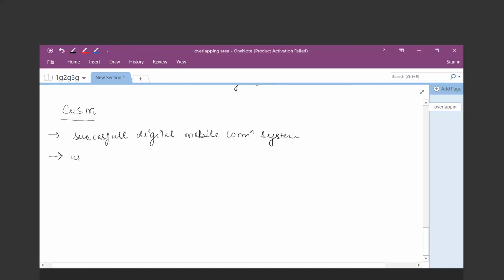So it was very famous in European countries and it is utilized by 800 million people over 190 countries.